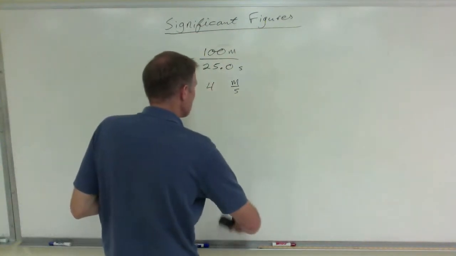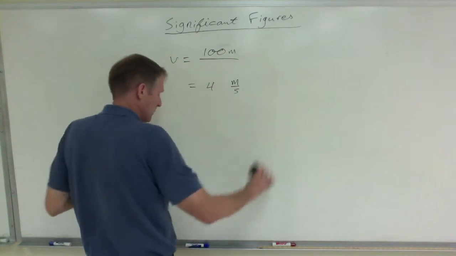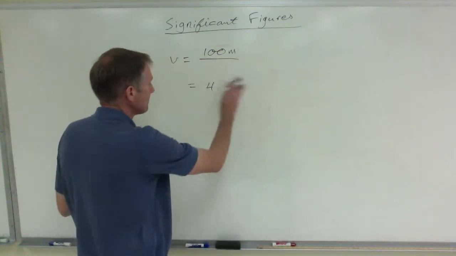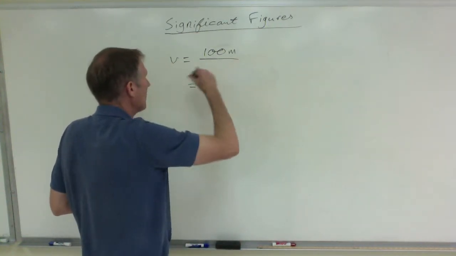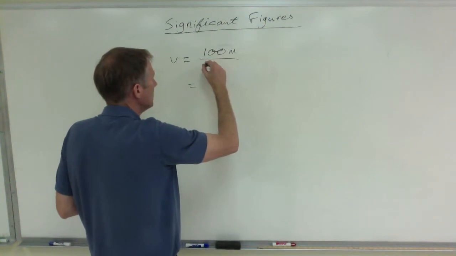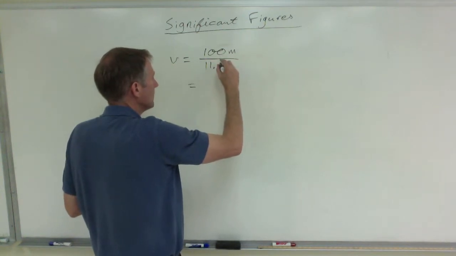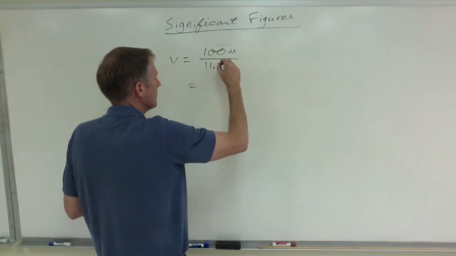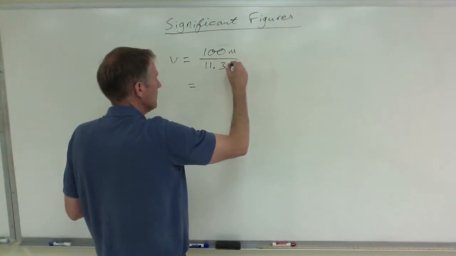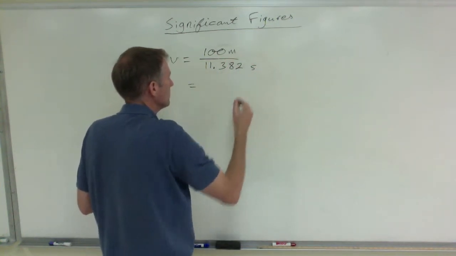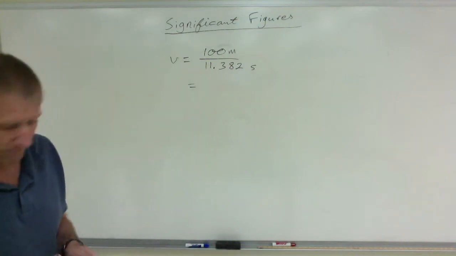What if I had been traveling 100 meters and it took 11.382 seconds to go 100 meters?